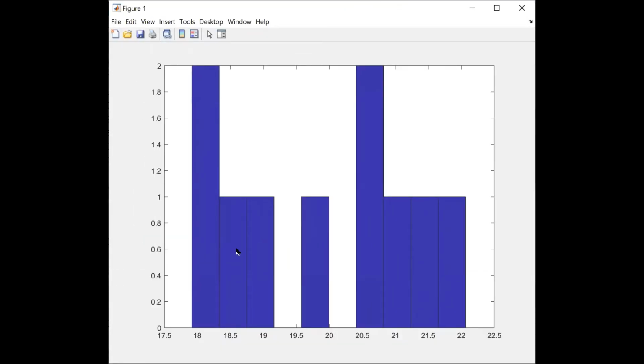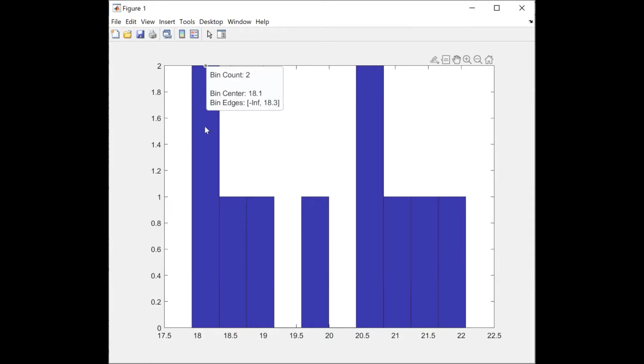It's taken the data that I've generated, and it's put them into several different bins. In this case, each bin is 0.5 in width, and it counts up how many of those 10 data points reside within each bin.